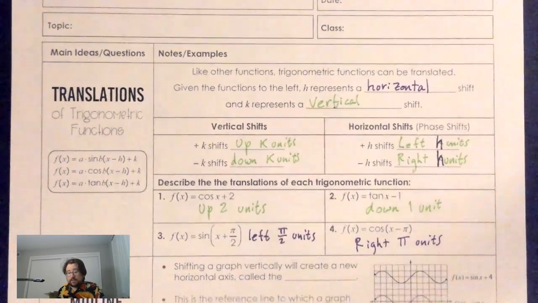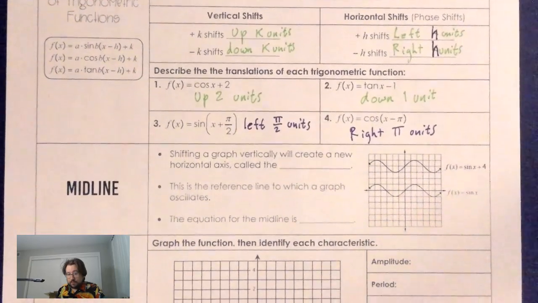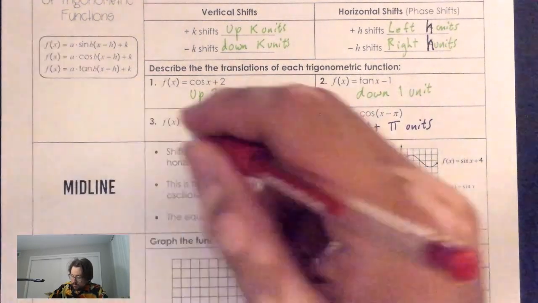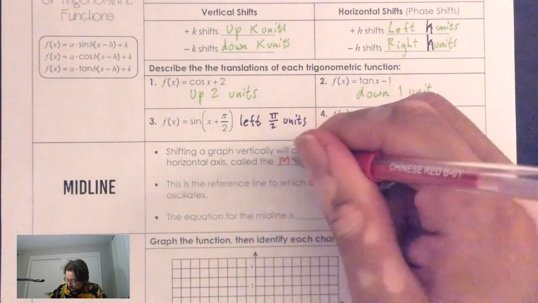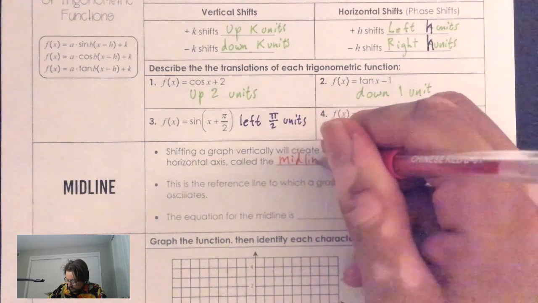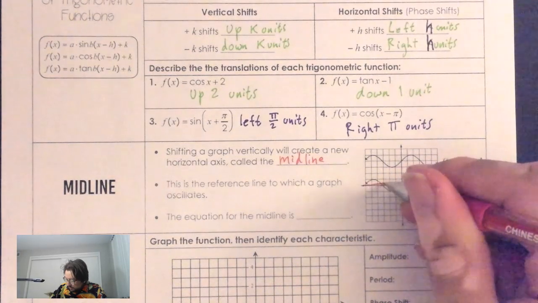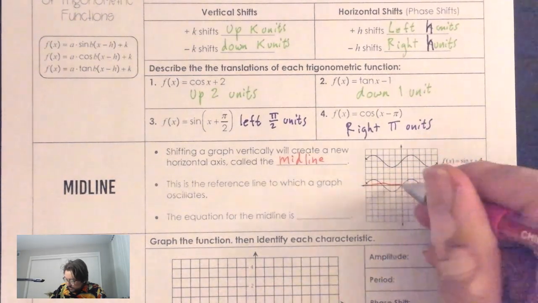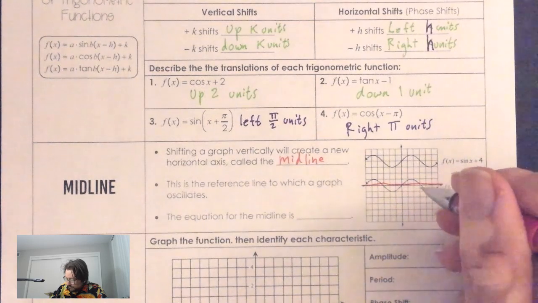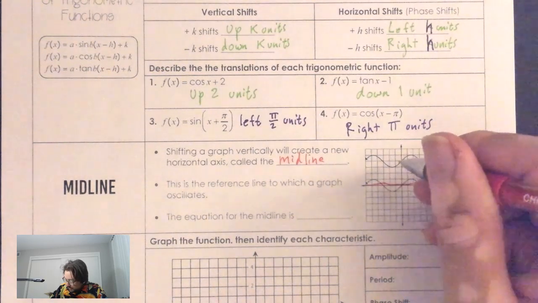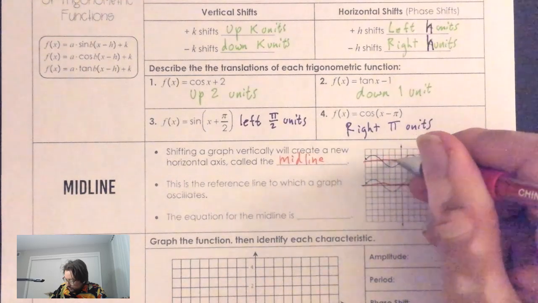For helping us graph this, we often look at something called the midline. When we shift a graph vertically, we will create a new horizontal axis. This axis is called the midline. Here, I'm going to draw it. For the regular one, the midline is on the x-axis. And the midline for this one is going to be on the line y equals 4.